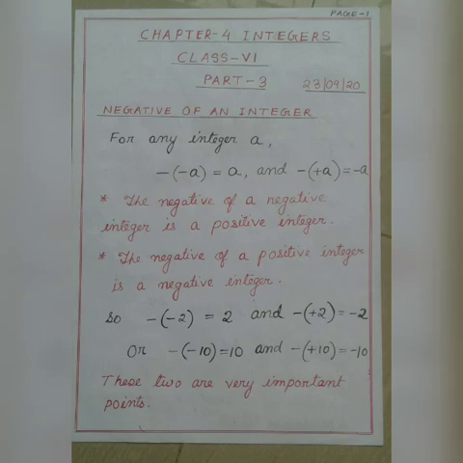So I have written these 2 points with a red ink. So these points are very important. You just remember, minus of minus a is plus a, and minus of plus a is minus a.